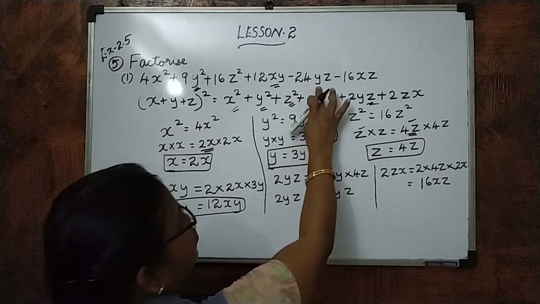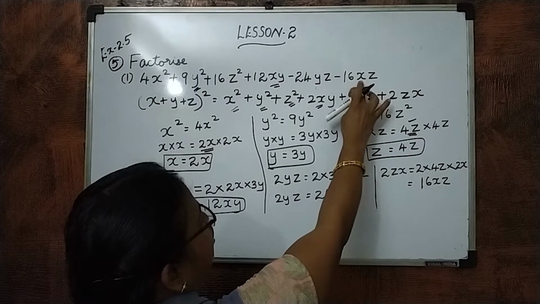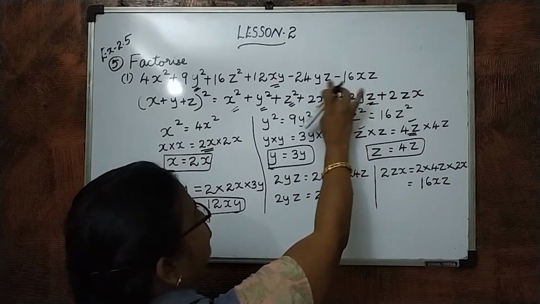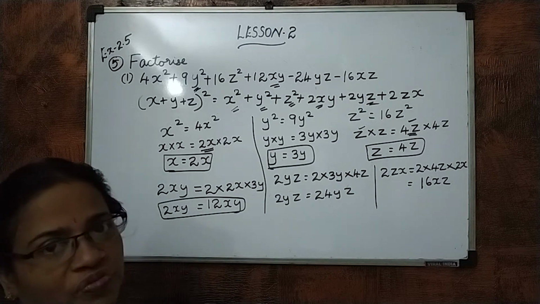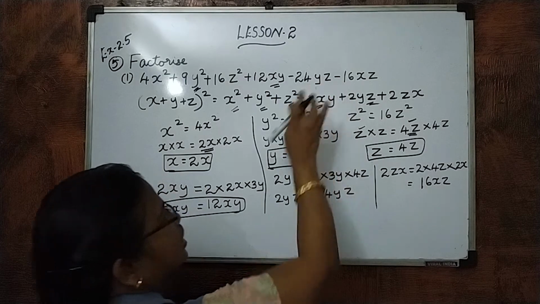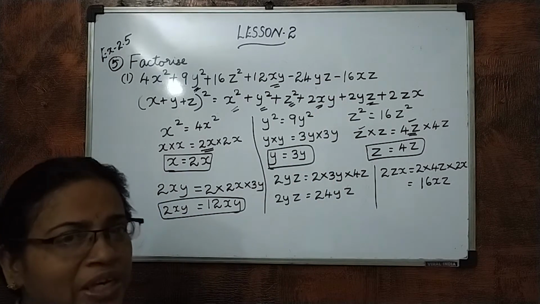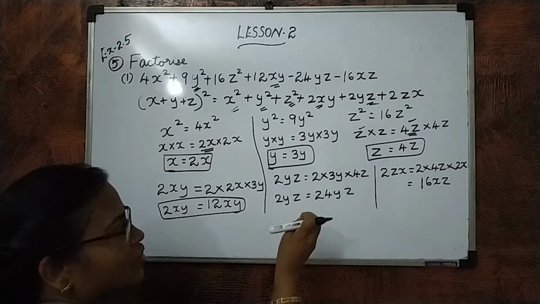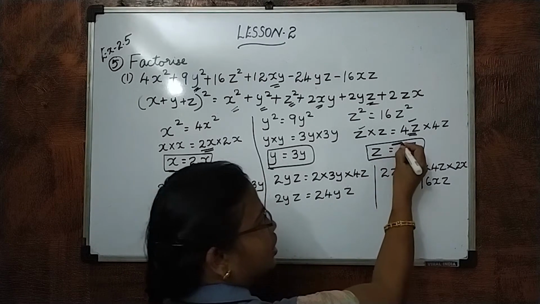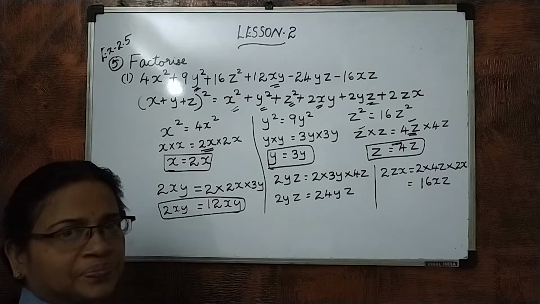Here y is there, but here there is no y. Here x is there, but here there is no x. But here z is common for both of them. That means wherever z is there, it is negative. That means here you have to write negative 4z.